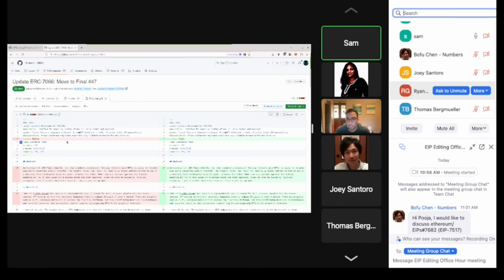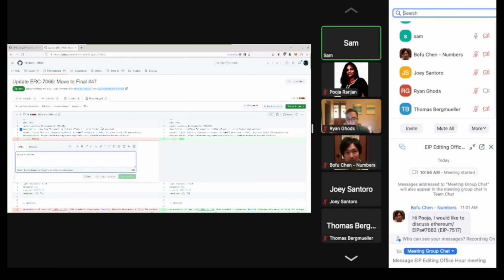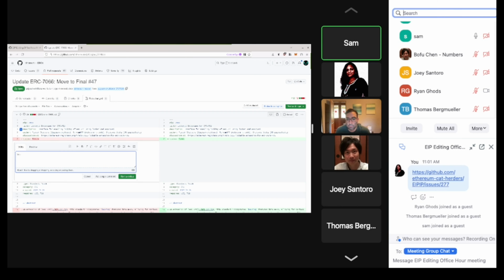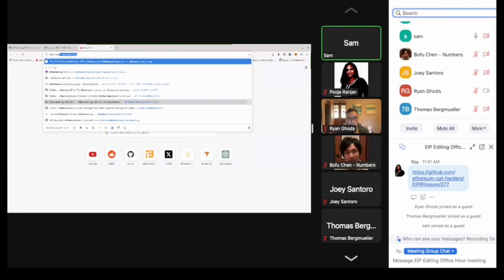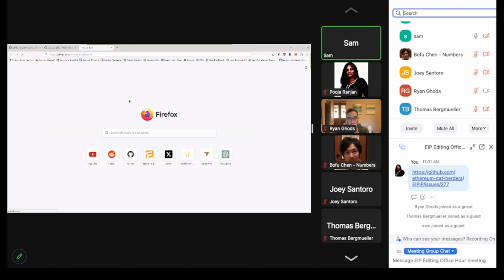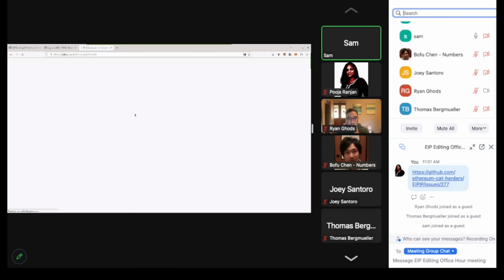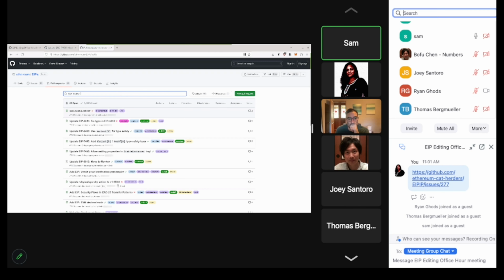So this needs to go into a last call first. Unless there already was one. Let's take a look at the old repository. 7066.